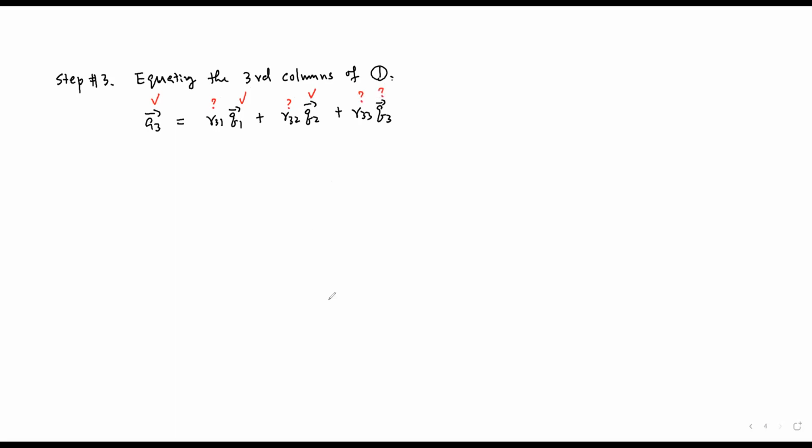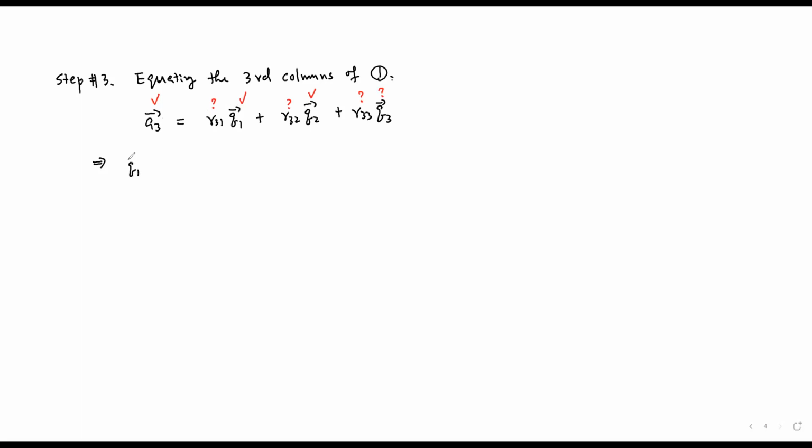Now, how to determine all the unknowns? Again, use the orthogonality of the matrix Q. I take the inner product on this equation with Q1 first.